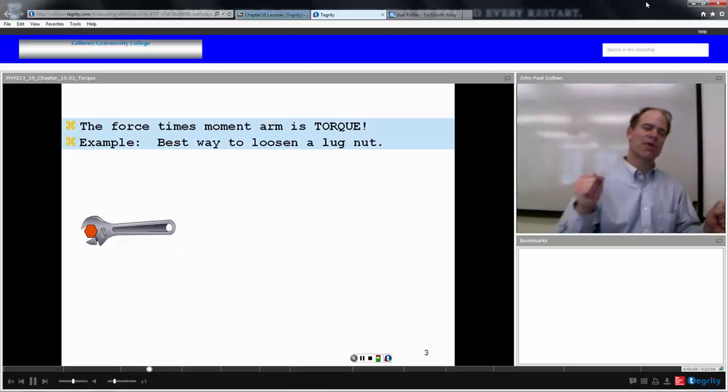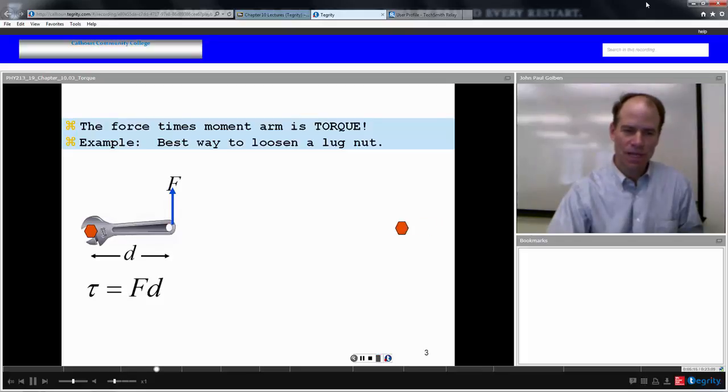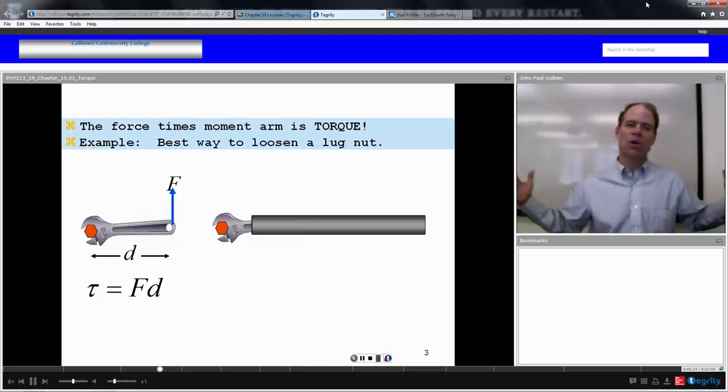So you have this wrench and you're using all your force, and you really need to be about 3 times stronger in order to turn this lug nut. So what do you do? Well, you go in the back of your car and you pull out a bar that you can put over your wrench to increase your moment arm.